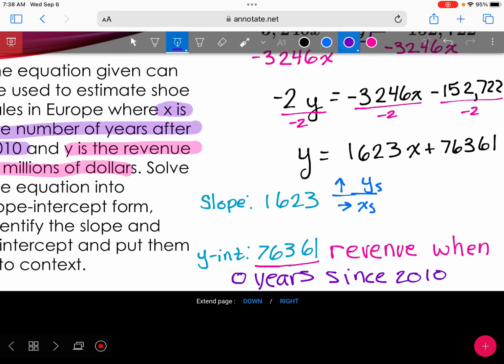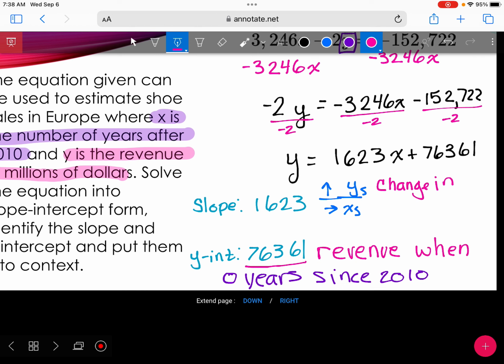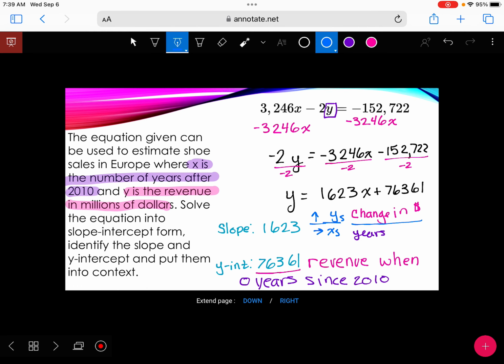So what it is called is the change in y's, and my y's are all about revenue, or change in money, per what is my x about? Yeah, per years. So it's the change in money per year.